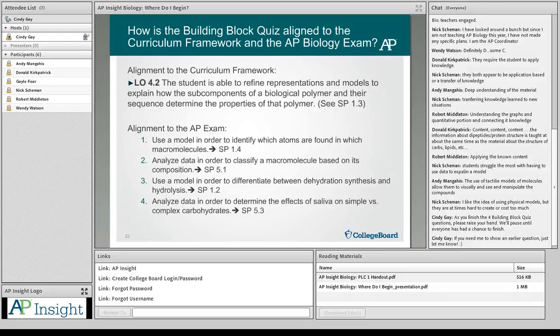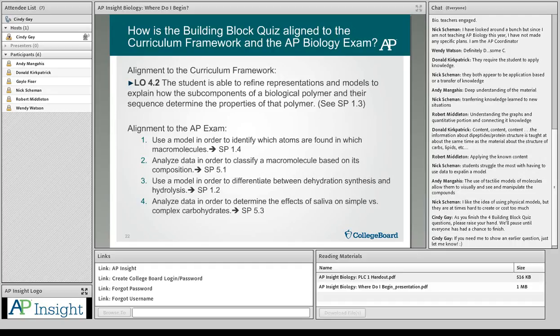And so these building block quiz questions let us check student understanding of content and skill because they require the use of skill, those science practices, as well as content, just like the AP exam. You can see the science practices are highlighted there on the alignment to the exam. As a reminder, each learning objective links content with a science practice. There's always a science practice action verb embedded in each learning objective, and those become the basis for the exam itself.